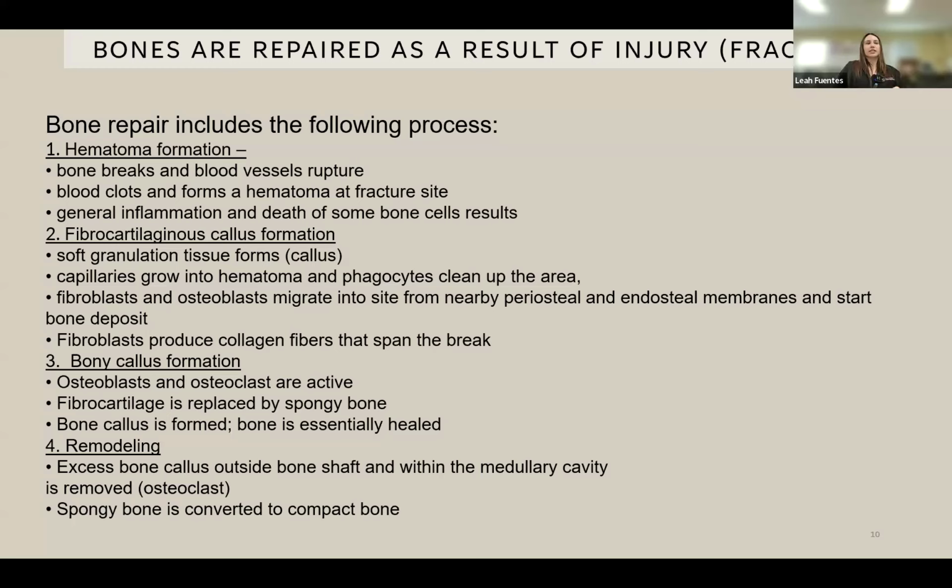We're going to get into the types of breaks, but when we have a super compound fracture, I think it is, it's a different story. And then bone remodeling: the excess bone callus outside the bone shaft and within the medullary cavity is removed, and then the spongy bone is converted to compact bone.